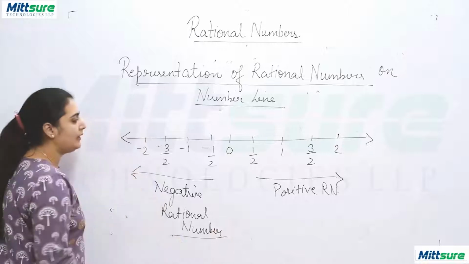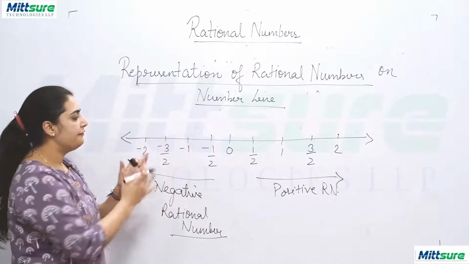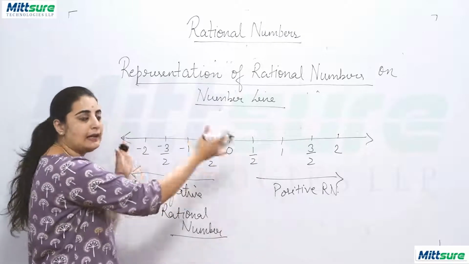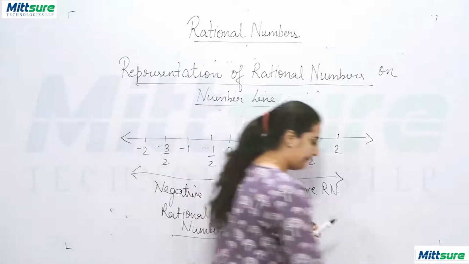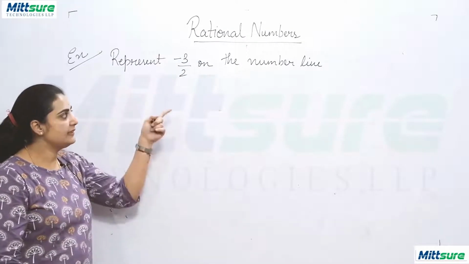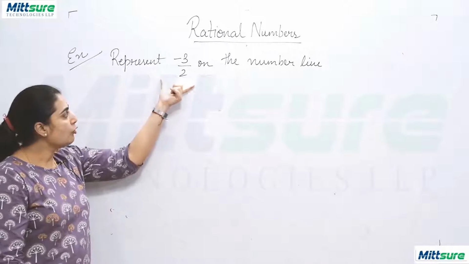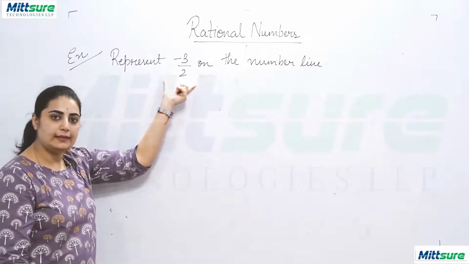So let's take one illustrative example to understand how we fragment the number line and how we arrange numbers on it. Now we have one illustrative example to exhibit this rational number -3 upon 2 on the number line.